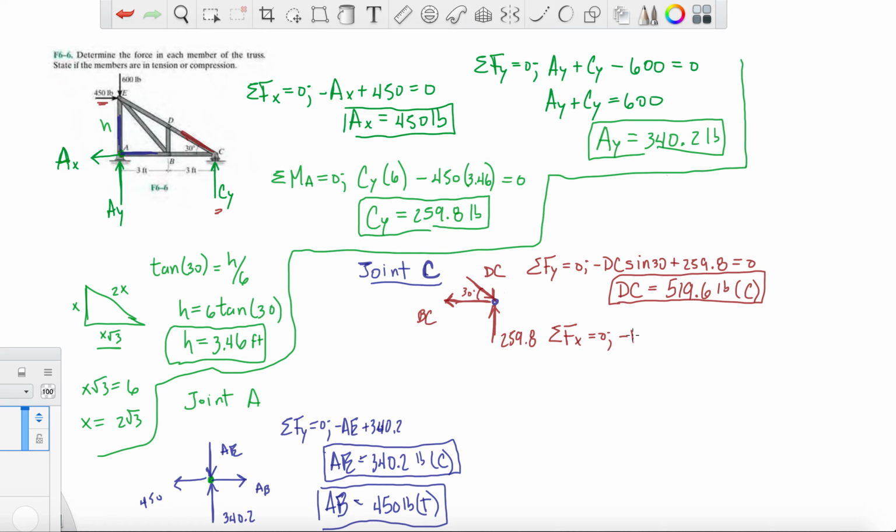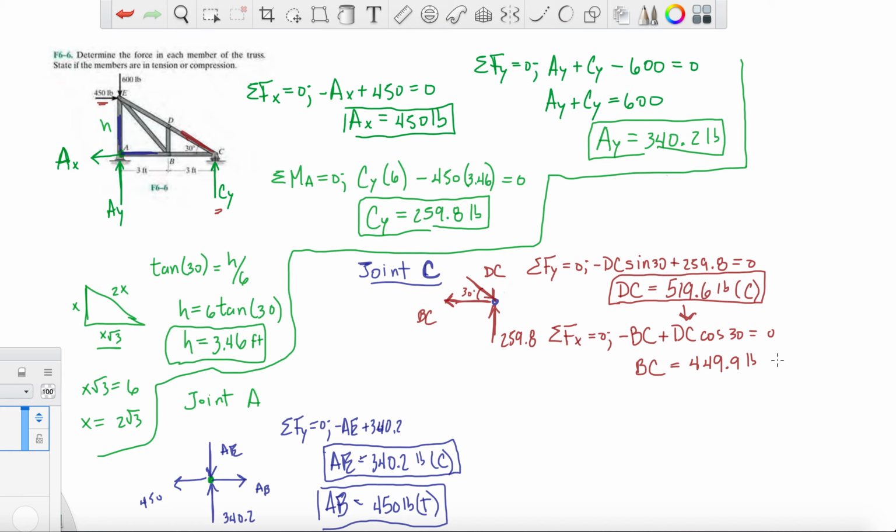So we're going to have minus BC plus DC cosine 30 equals 0. And then just plug this number in here. The 519 times cosine 30, and then BC is equal to 449.9 pounds, or 450.